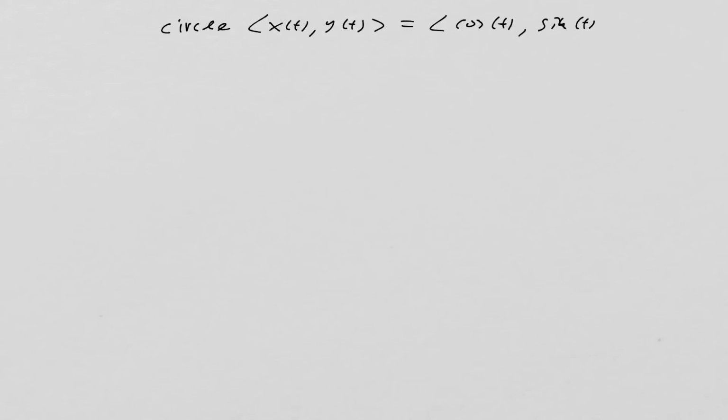All right, and then what is the surface? It's going to be a hyperbolic paraboloid. A hyperbolic paraboloid can be defined as z equals x squared minus y squared.